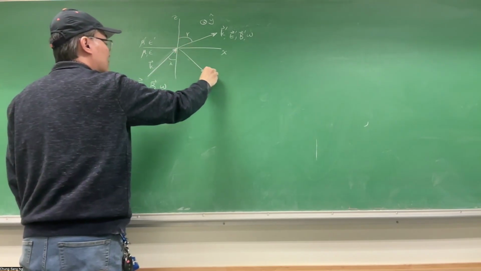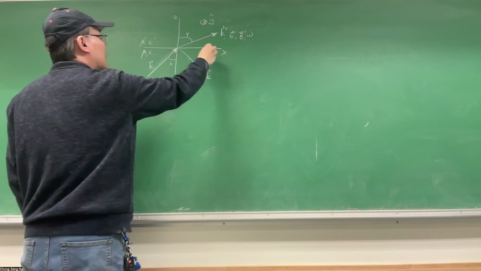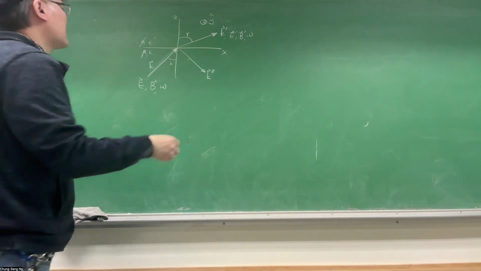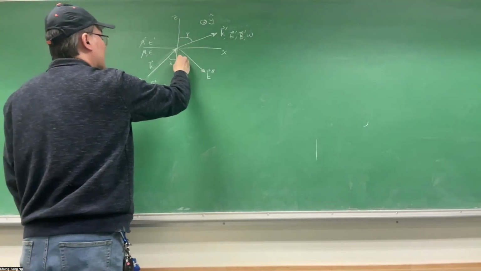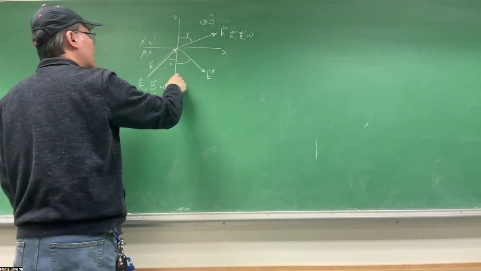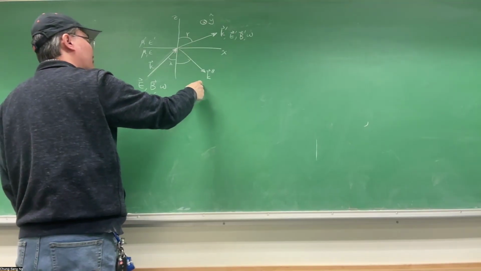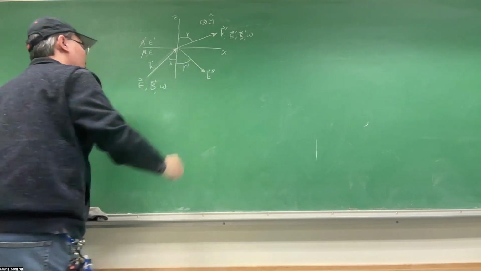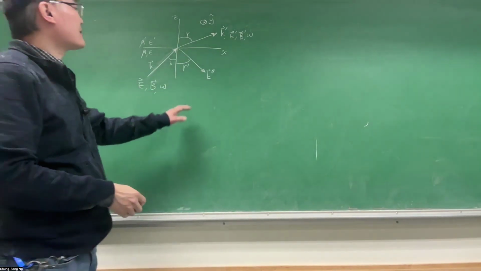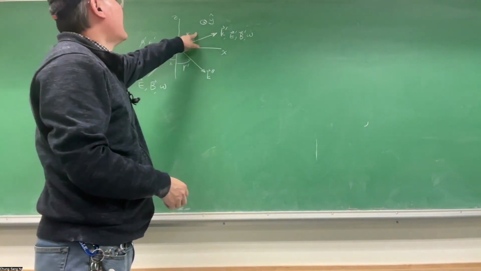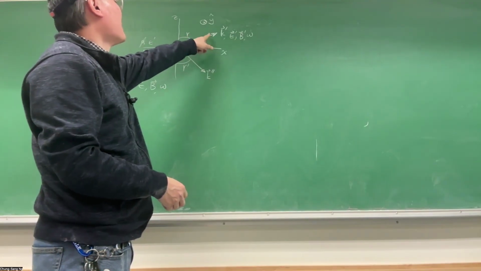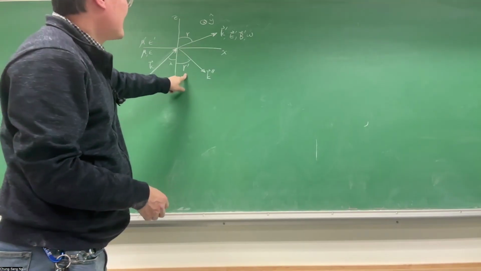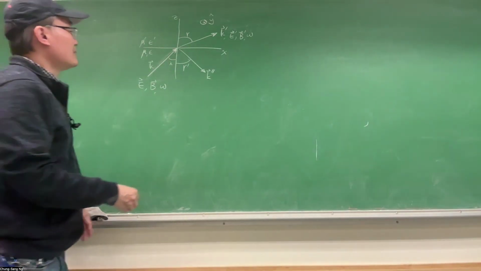Generally, this reflected wave vector is k double prime, and then you have this angle, the reflected angle. Jackson calls it r prime, which is not a very good notation because for the upper medium you already used the prime for that, so you need to be a little careful.